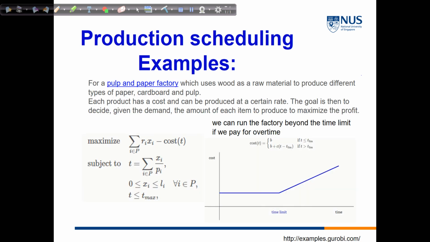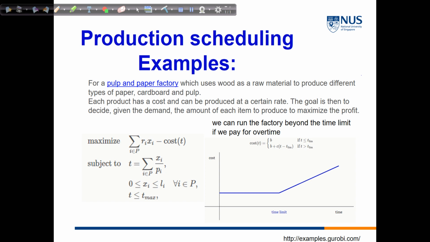So this case is about production scheduling for a pulp and paper factory. This factory uses wood as a raw material to produce different types of paper, cardboard, and pulp. So it's multi-product with the same raw material.